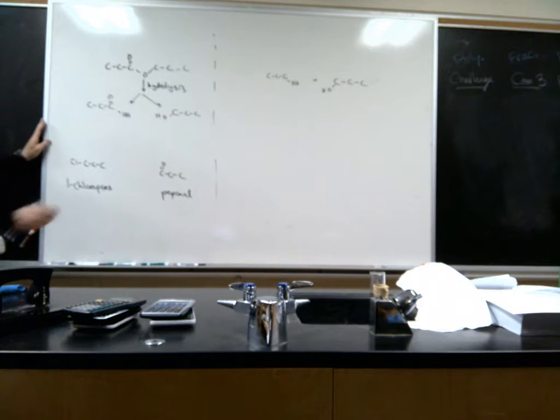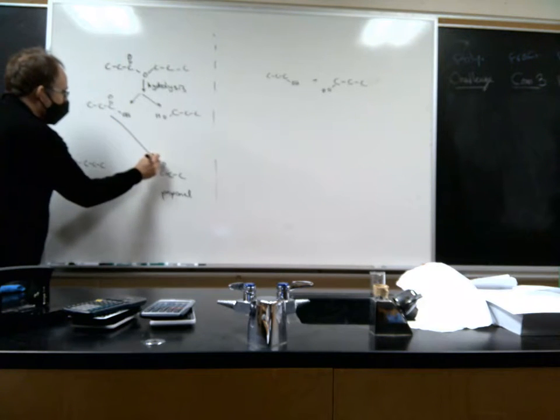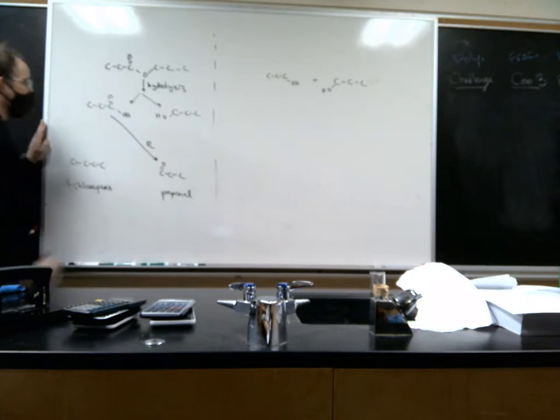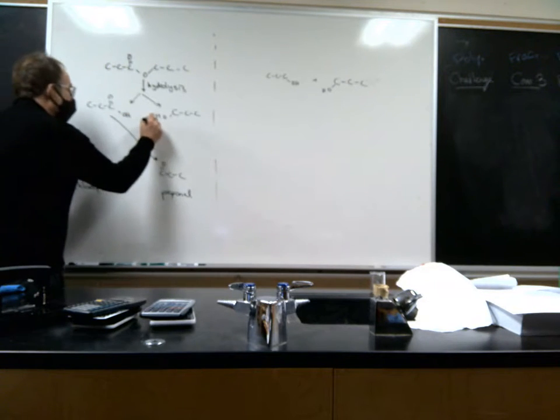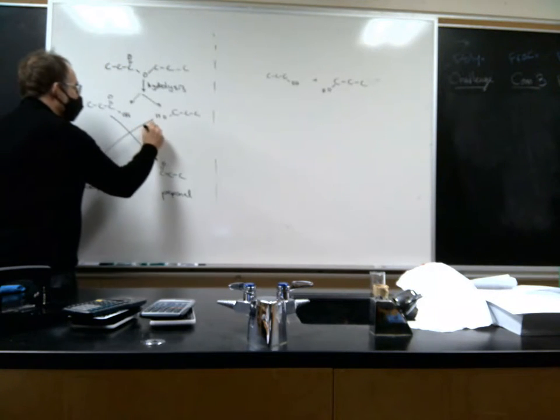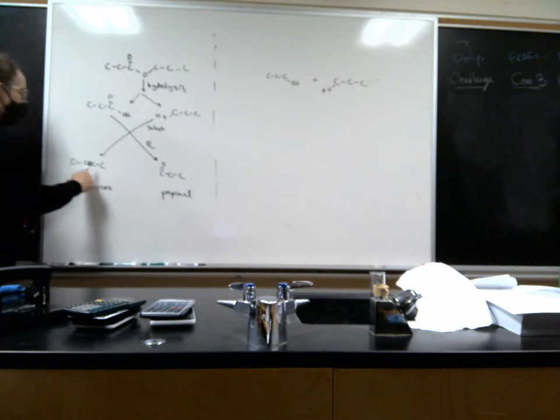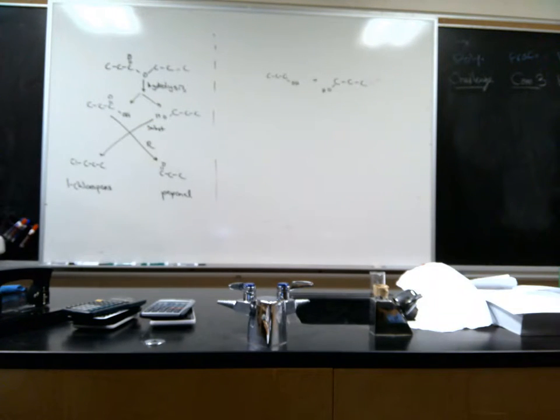Okay. If you know your redox reactions, you know you could reduce this straight to an aldehyde. So carboxylic acid reduces to an aldehyde. Here, you just do a substitution. So you're going to substitute the Cl for the OH.